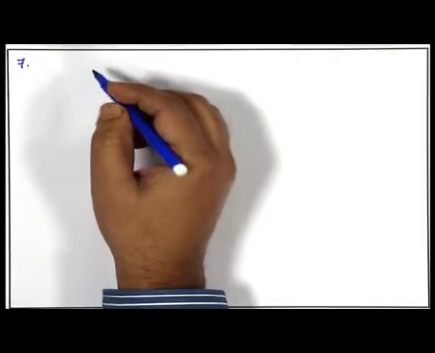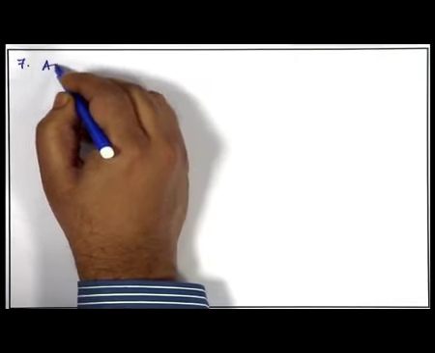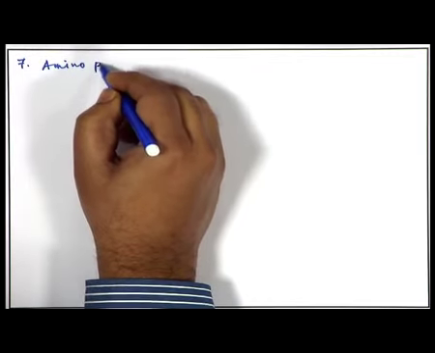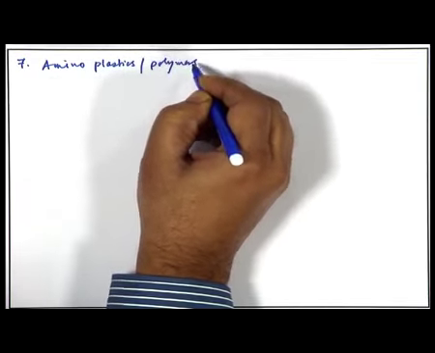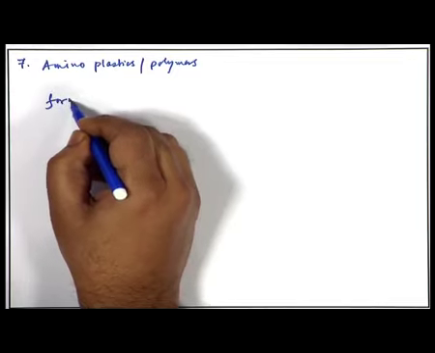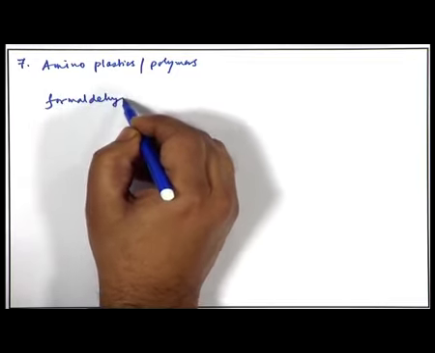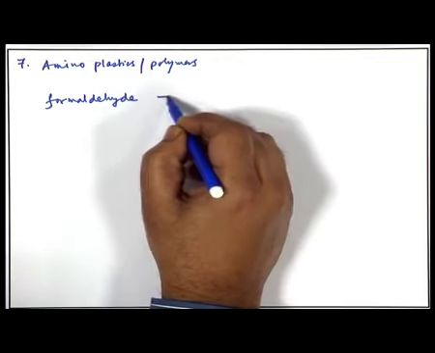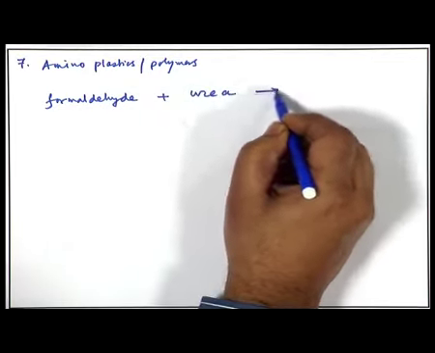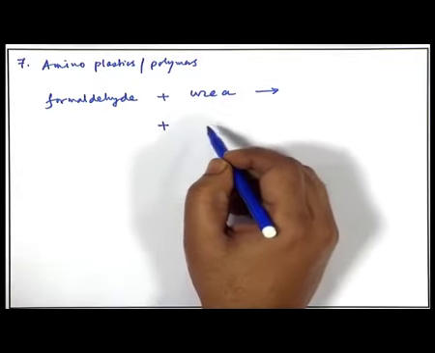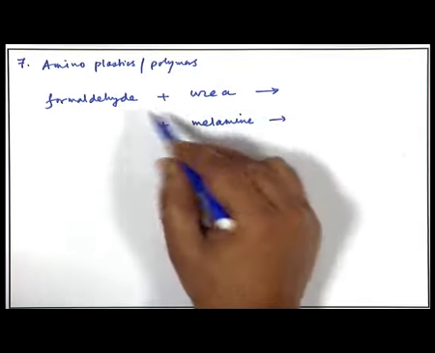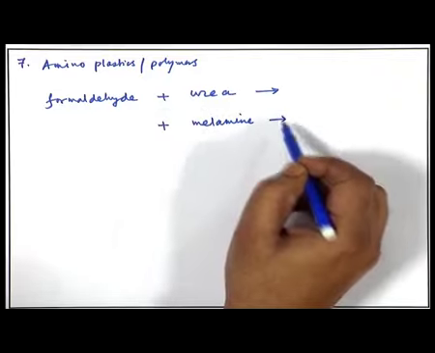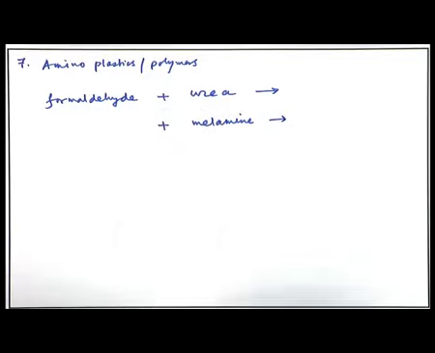So, we will quickly move to the next one, which we will talk about as aminoplastics or polymers. In this case, we have formaldehyde reacting with urea, giving some product. Another common example is melamine, the resin between melamine and formaldehyde, which is used in melamine utensils.